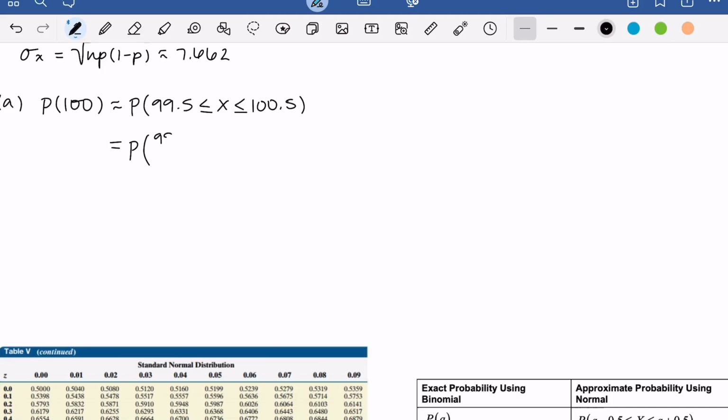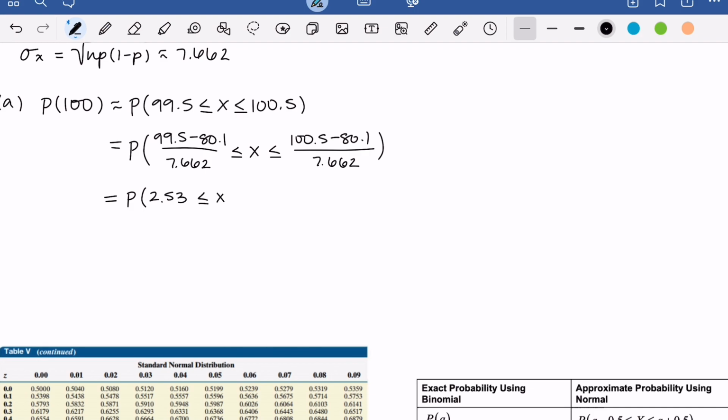And we know we're going to do that by plugging it into this formula where we take that x value, we subtract out the mean and divide by our standard deviation. And then we're going to do the same thing for our other x value. We're going to subtract the mean and divide by our standard deviation.